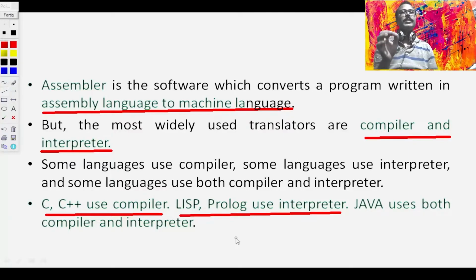Artificial intelligence is one field of computer science. In that field, because it is becoming popular day by day, you may have to use Lisp, Prolog. There are other languages also, but some programming languages use both compiler and interpreter. An example is Java. Java uses both compiler and interpreter.